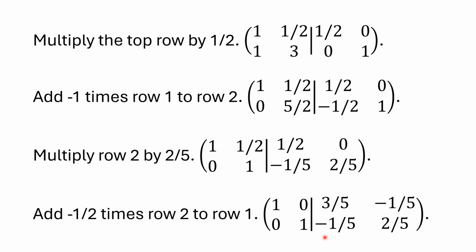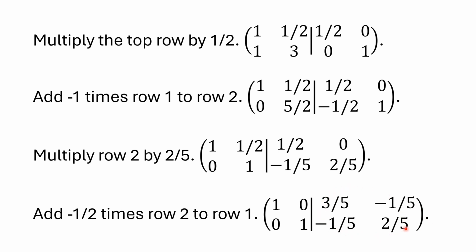So -1/2 times -1/5 is 1/10. 1/10 plus 1/2 is 6/10 or 3/5. -1/2 of 2/5 is -1/5, and we add that to 0, we get -1/5.